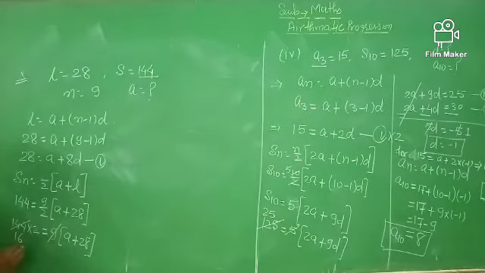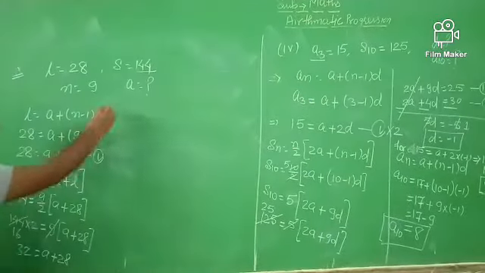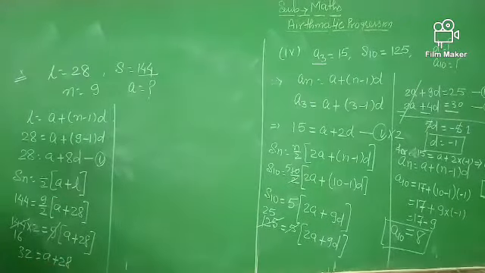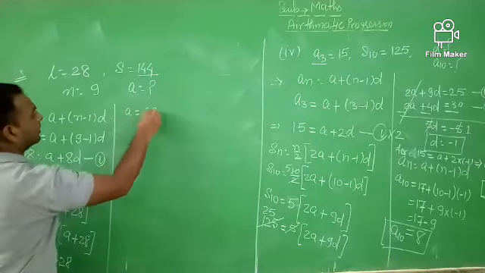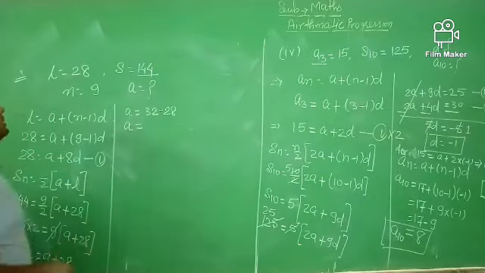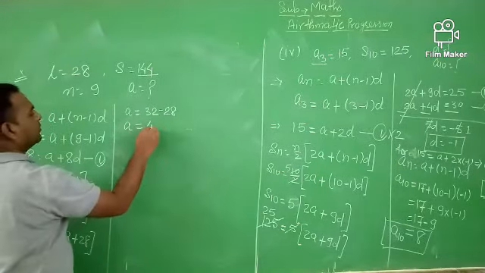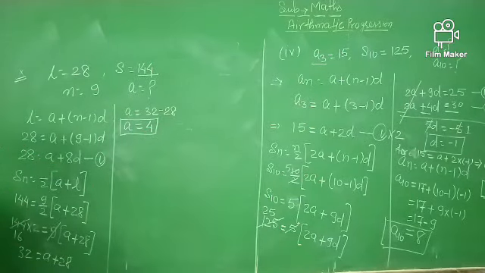So 16 2s are 32, which is equal to A plus 28. Therefore after that you solve that A is equal to 32 minus 28. It means A is equal to 4. So the value of A is equal to 4.